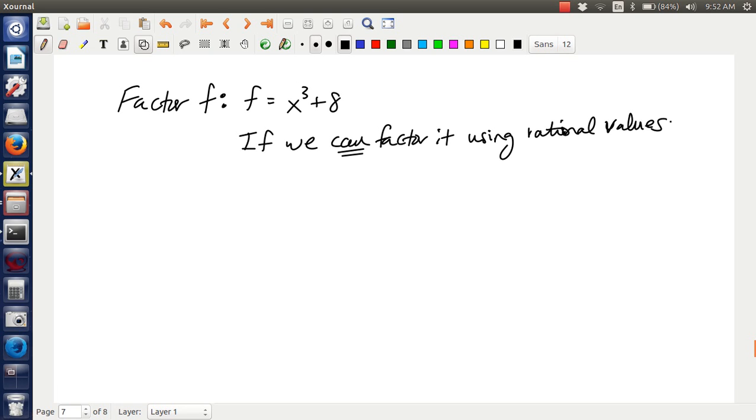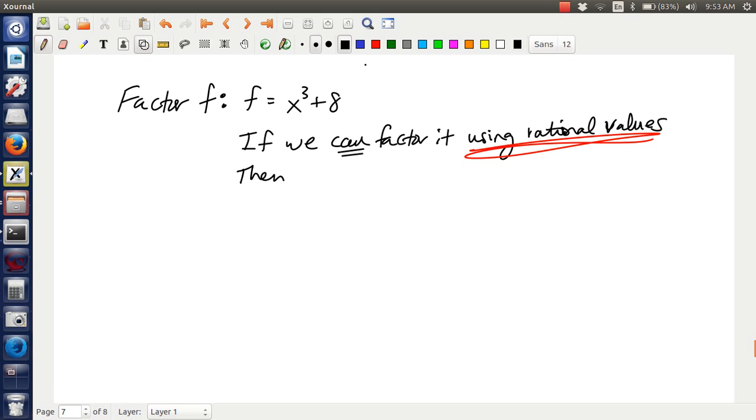In fact, it's actually guaranteed that it has 3 roots. They may be duplicate, they may be irrational, we don't know, but it's guaranteed. The fundamental theorem of algebra says that because this is a polynomial of degree 3, we're guaranteed 3 roots. So it's not whether it can be factored, but if we can factor it using rational values, then it has to be one of the following.